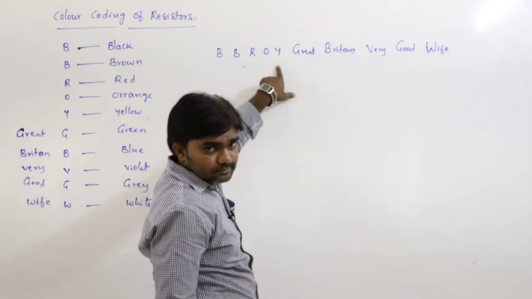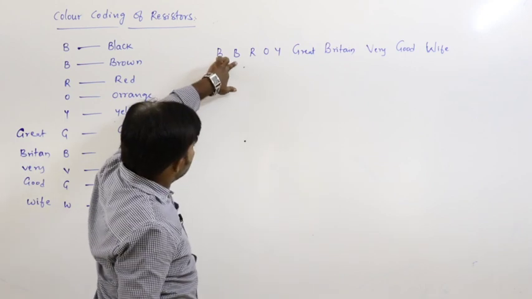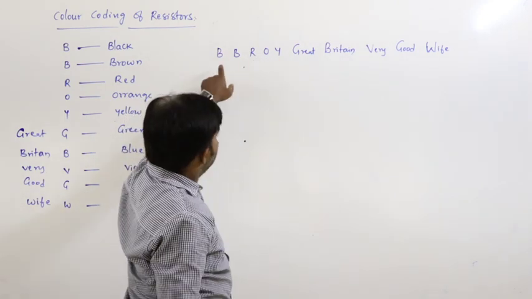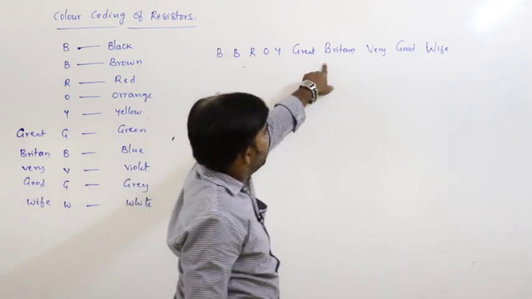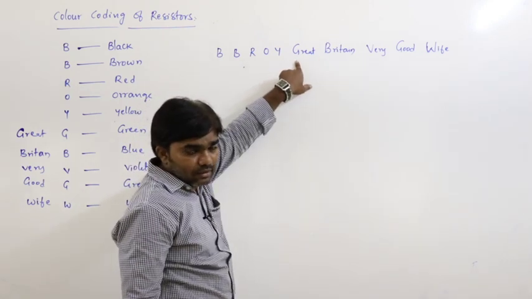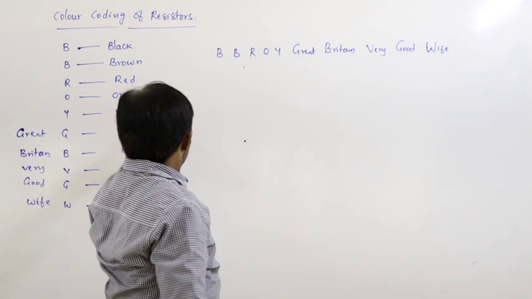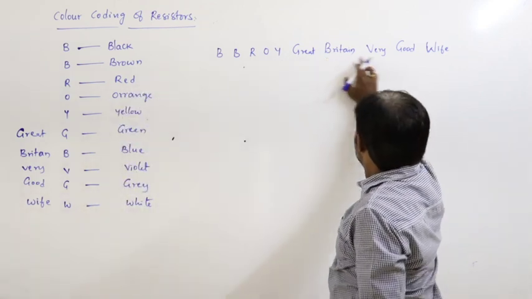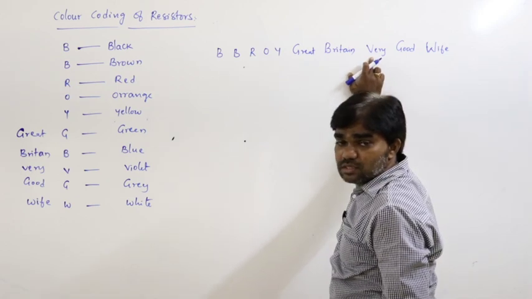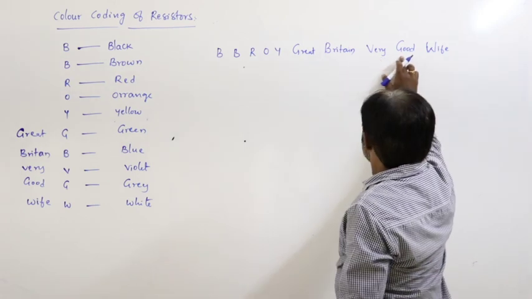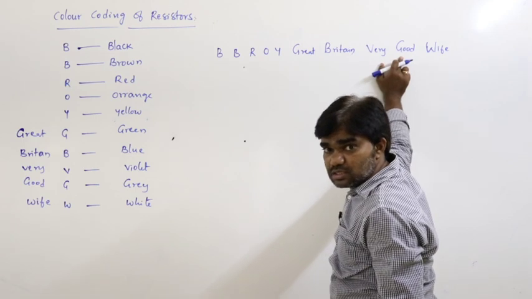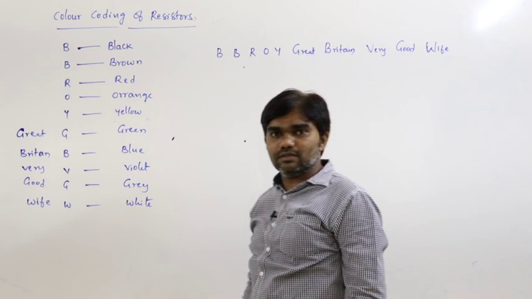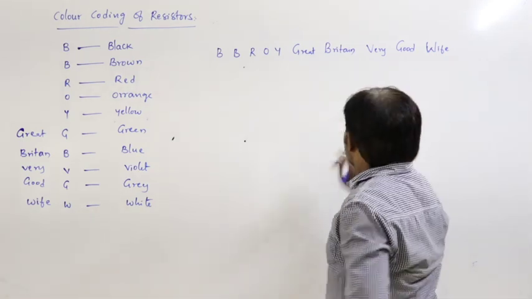B.B. Roy gives black, brown, red, orange, yellow. Great: the capital G is green. Britain: B is blue. Very: V means violet. Good: G is grey. Wife: W is white.